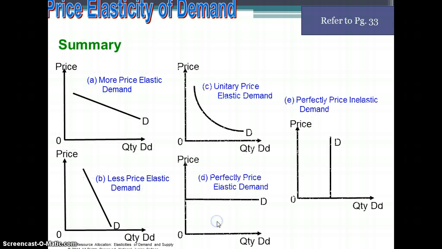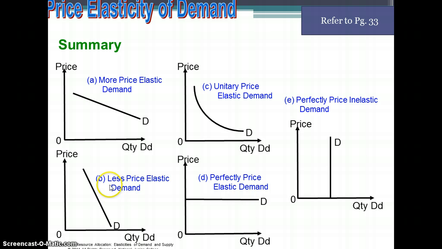Therefore, for a summary, the first case that we mentioned, whereby the demand is price elastic, is represented by this type of demand curve, where the slope is relatively more gentle.